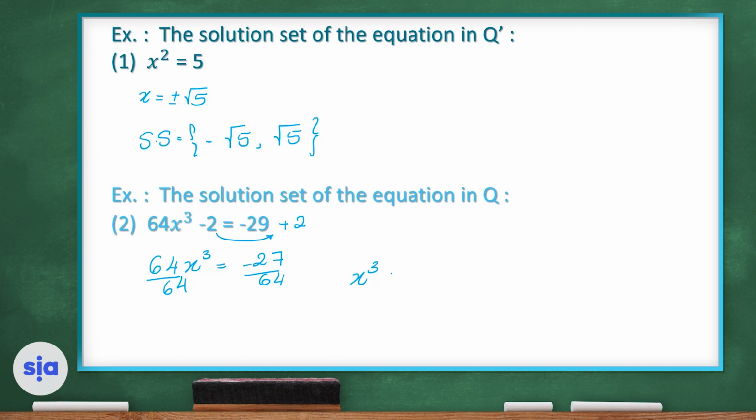So x cubed equals negative 27 over 64. To find the value of x, we take the cubic root of negative 27 over 64, then the value of x is negative 3 over 4. So the solution set is negative 3 over 4.